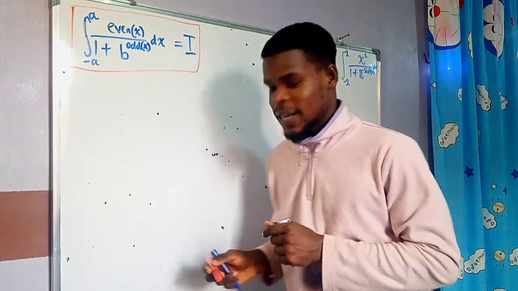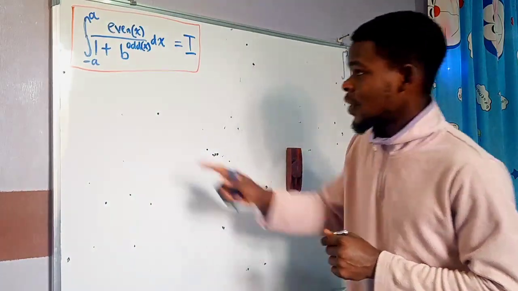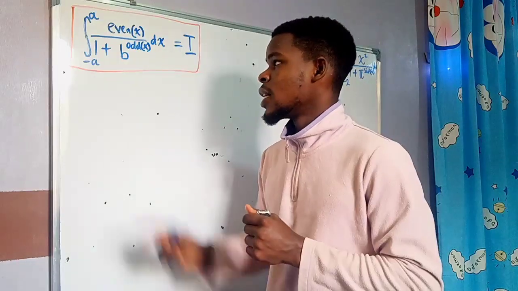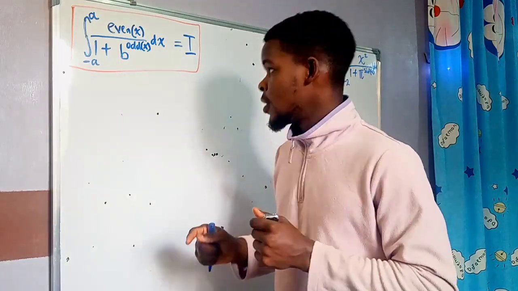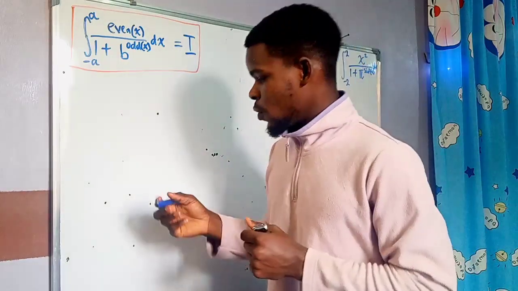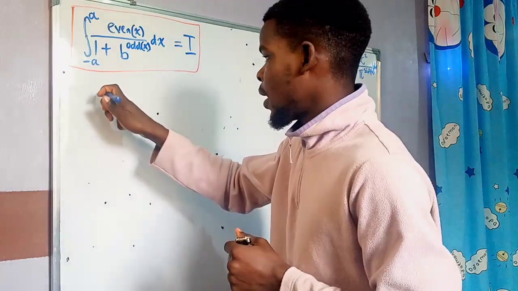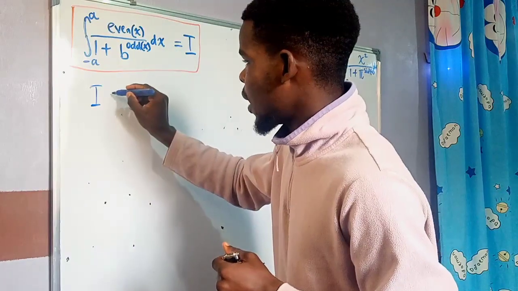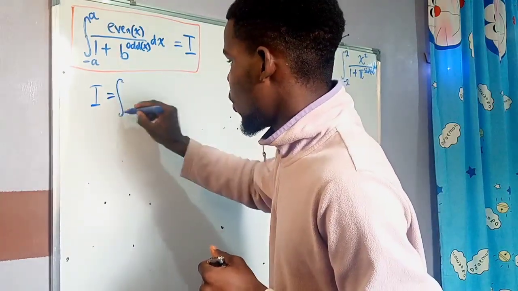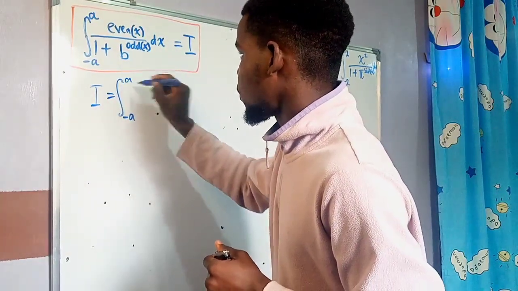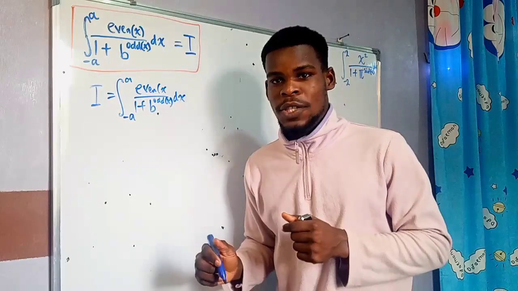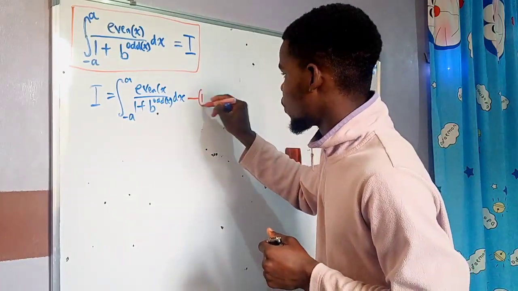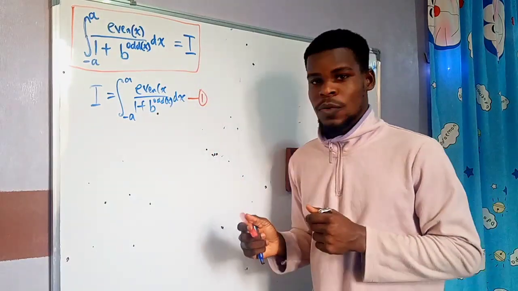We call that I, that is the integral we want to find: the integral from negative a to a of an even function of x divided by 1 plus b raised to the power of the odd function of x. Okay, let's do this real quick. Let's define I to be the integral from negative a to a of, okay, so we have that to be I, and let's call that equation 1.